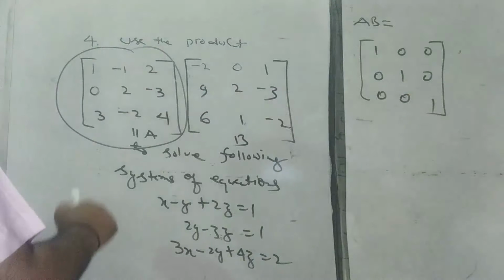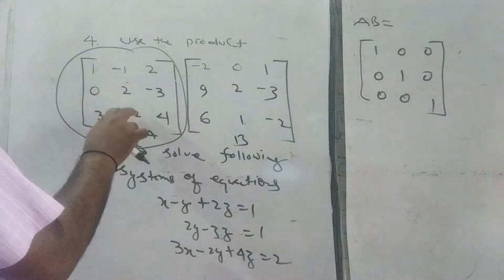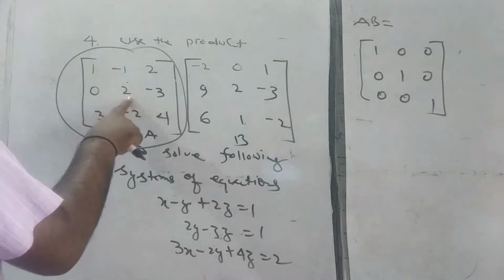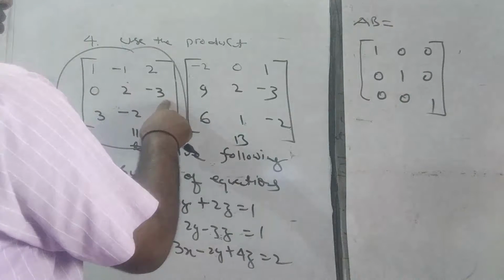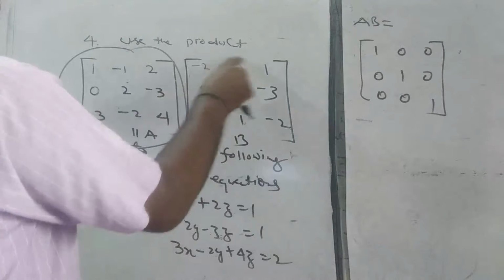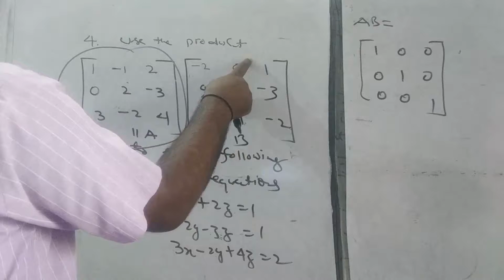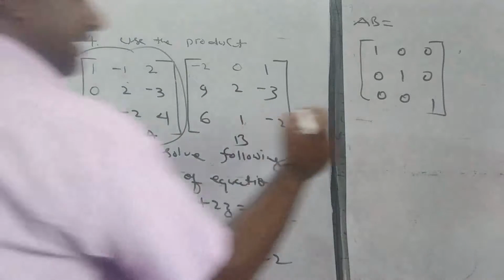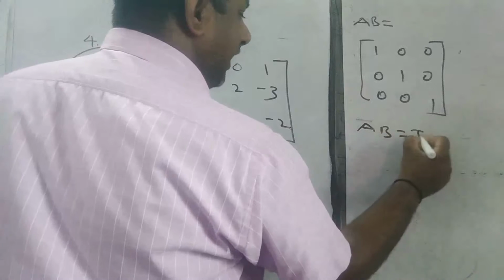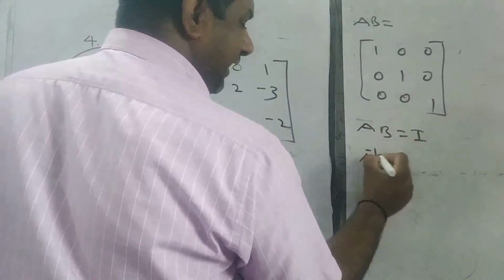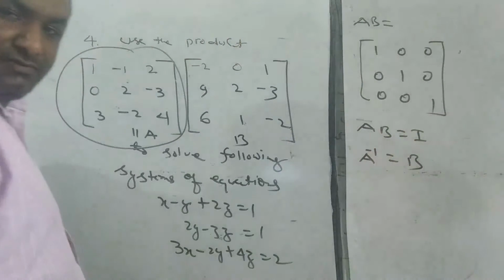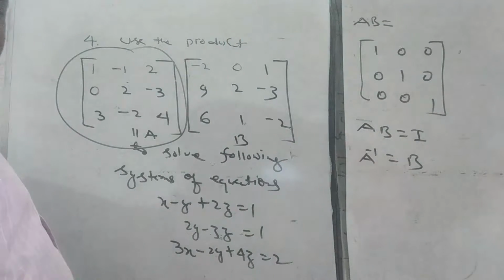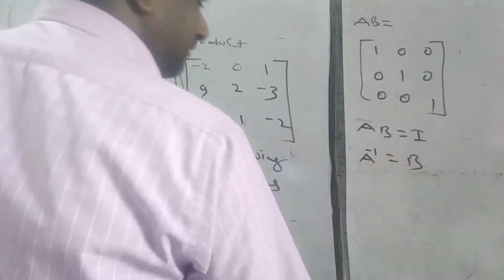Check another position, R2 C2, second row, second column: 0 into 0, 2 2s are 4, minus 3, which is 1. Yes, it is true. So AB is equal to I. It means A inverse is B itself.